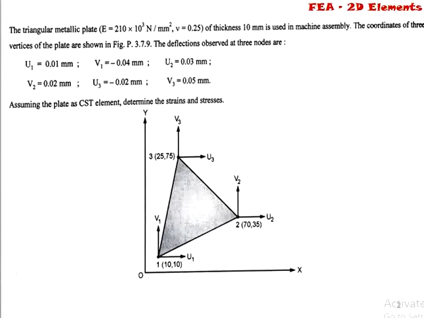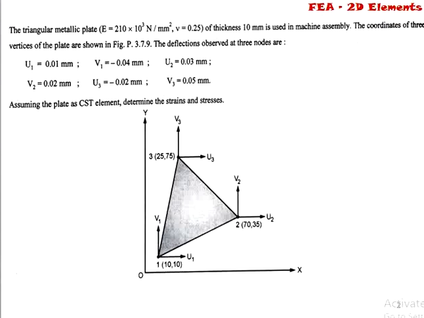So according to the problem statement, the triangular metallic plate having a value of E, that is Young's modulus of elasticity, equal to 210 into 10 raised to power 3 Newton per mm square, then Poisson's ratio 0.25, of thickness 10 mm, is used in a machine assembly.